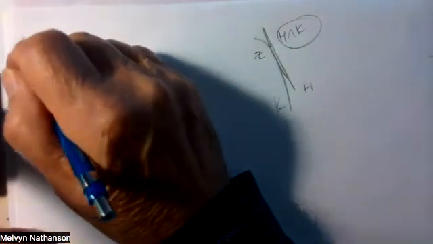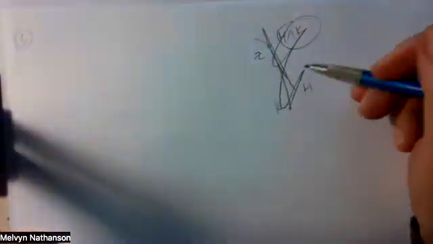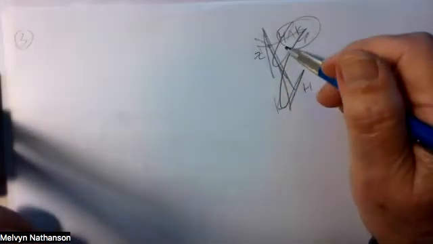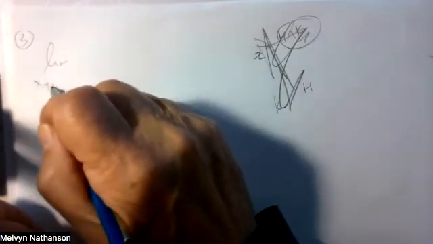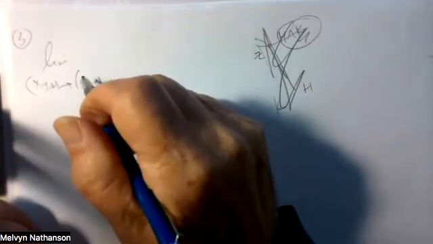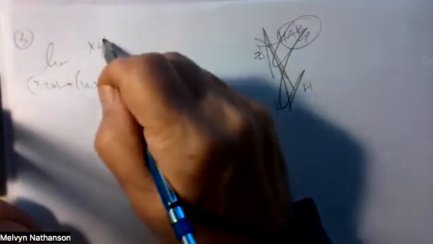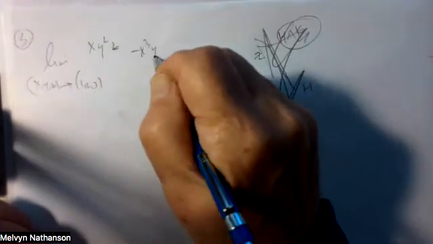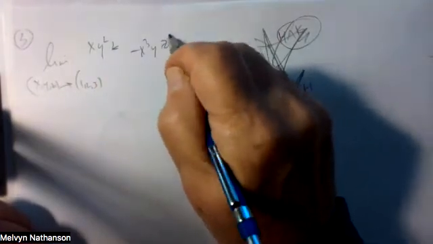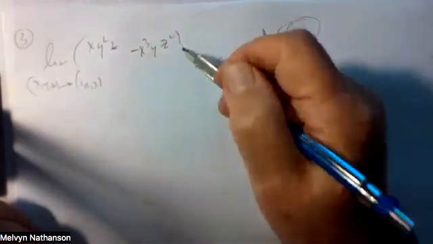Okay. Problem 3 is to find some limits. If we want to take the limit as x, y, z approaches the point 1, 2, 3 of this polynomial, this is a continuous function.